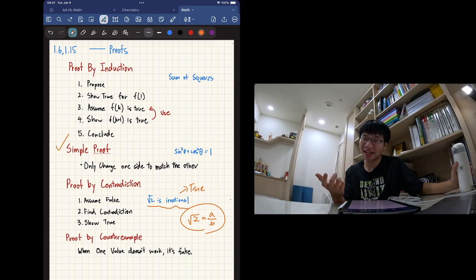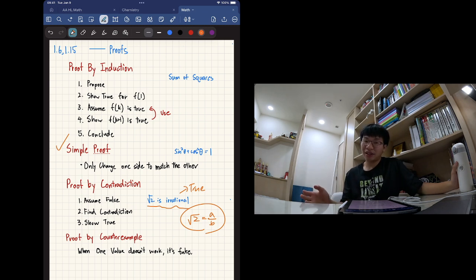You want to show that it is true for the lowest value that it claims, which for most examples is going to be 1, but it might be set when n is greater than 5, and then it'll be 5. Then show that when you assume f of k is true, then f of k plus 1 is true when you use the f of k. So it means that every f of k plus 1 is true.